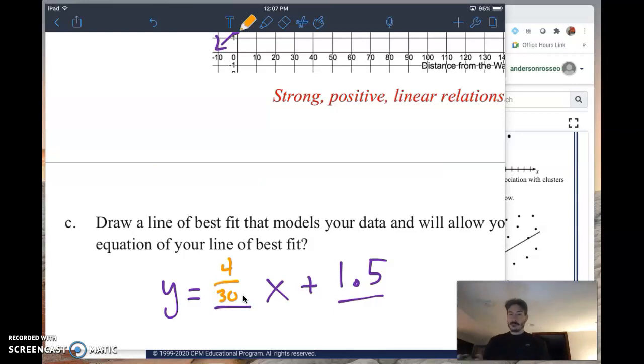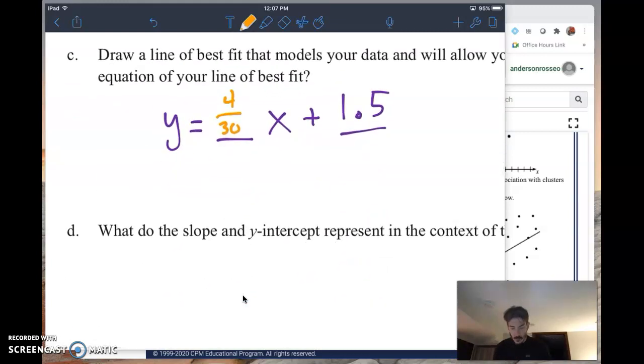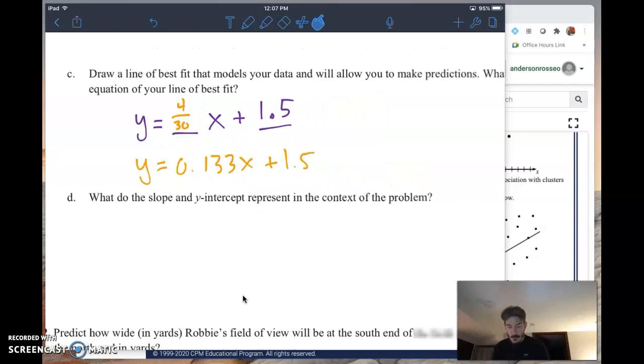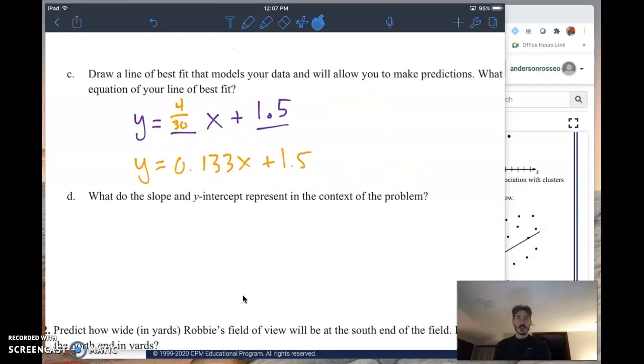I'm trying to find my calculator app on my cell phone. I take 4, I divide it by 30, and that tells me my slope is 0.133. So y equals 0.133x plus 1.5. All right, and we've got a line of best fit that looks something like that.